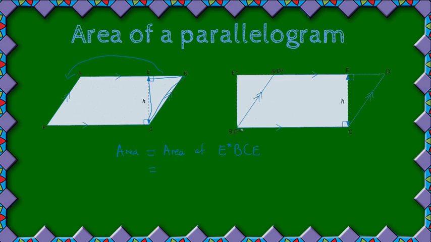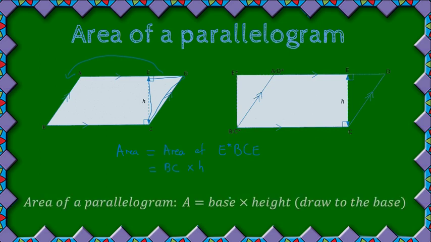So it's BC, this side here, times this height over here. This is then going to be our new formula for a parallelogram: we just take the base BC times the perpendicular height, and that gives us the area of the parallelogram. So the area of a parallelogram is the base times the height.